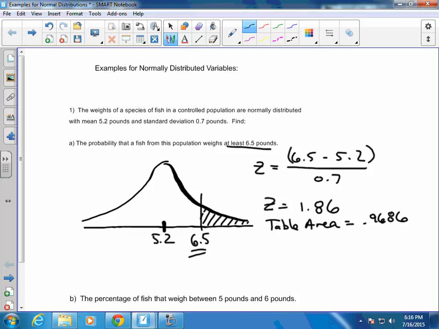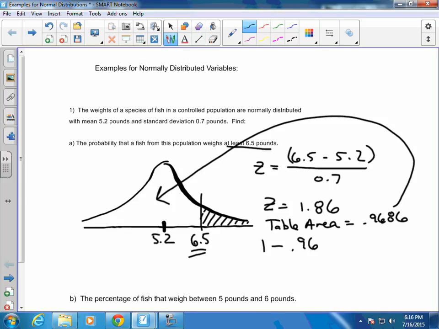So it's pretty common for people to think they're done. They've looked up a z-score in the table, but remember, that gives us the area to the left of our z-score. So we essentially just found the area to the left of 6.5 on this normal curve. I need the area to the right. Well, to the left and to the right, these are complements again. The total area under the curve is 1.